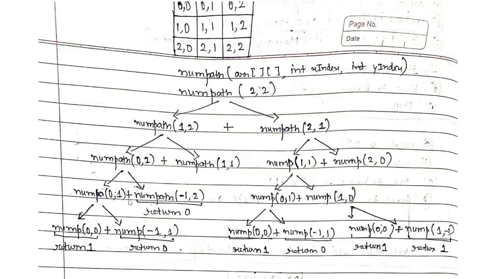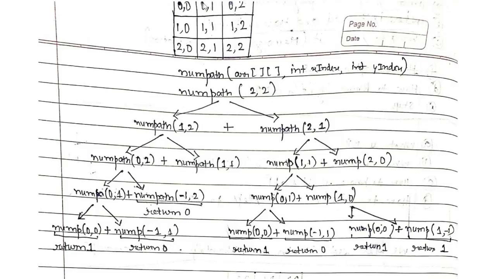Because 0,1 is present in the topmost row, so I do not have even a single row above it. In no way can I have a cell from which I come down and reach 0,1. Hence for all the elements of the topmost row, the answer will be dependent only on the left hand side.